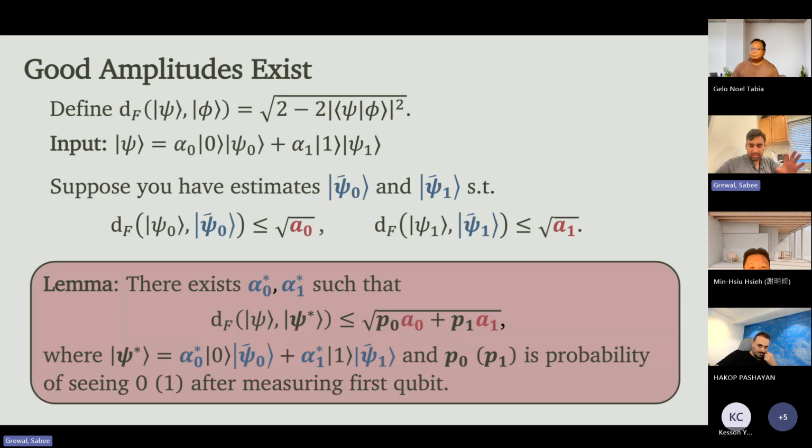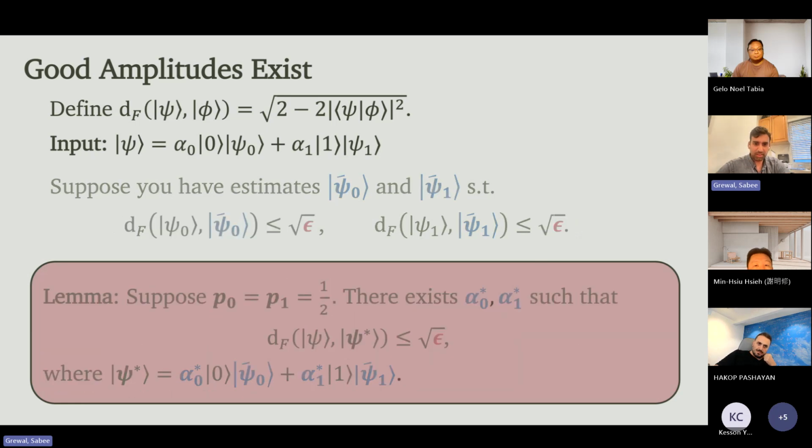And just to give some rough intuition, I want to change the parameters here a little bit. Imagine that we recover both of these branching states to error root epsilon. And for simplicity, let's assume that the probability of seeing 0 and 1 are both 1/2.